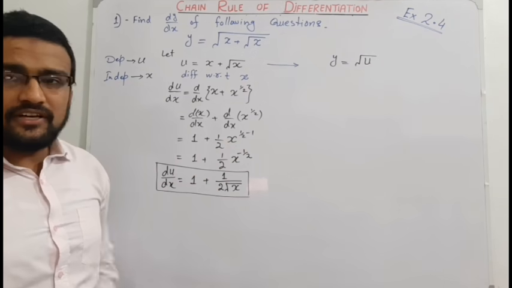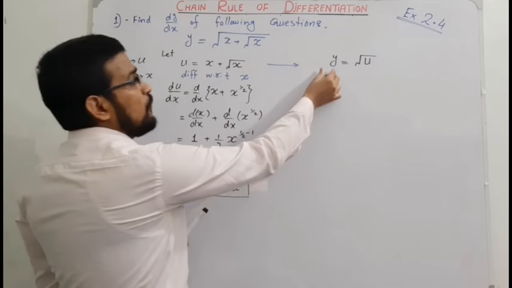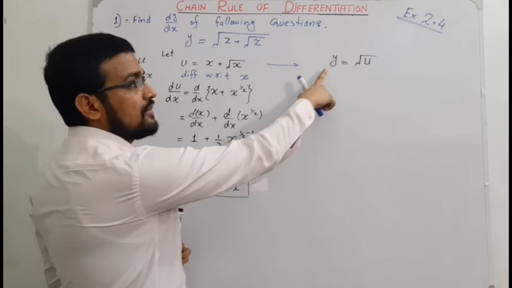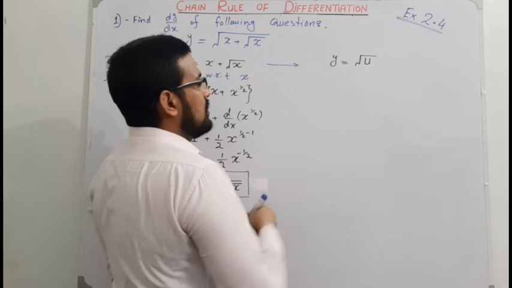Understand? Then differentiate this. This is very simple. y is dependent and u is independent.